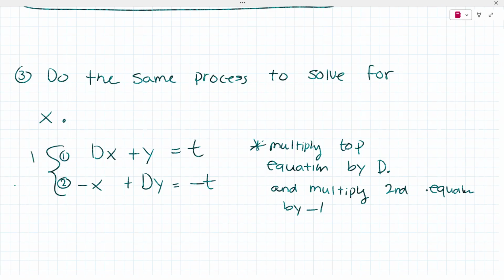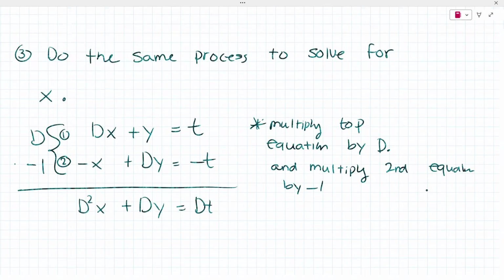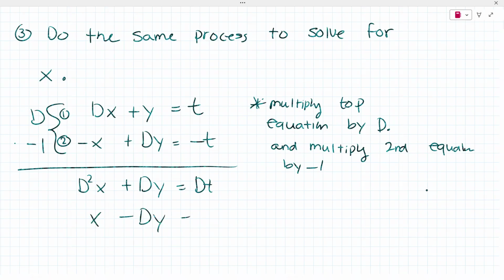So first equation is d, and then second equation is negative 1. So that's going to be d squared x plus dy equals dt. And then on the bottom, it's going to be x minus dy equals t.